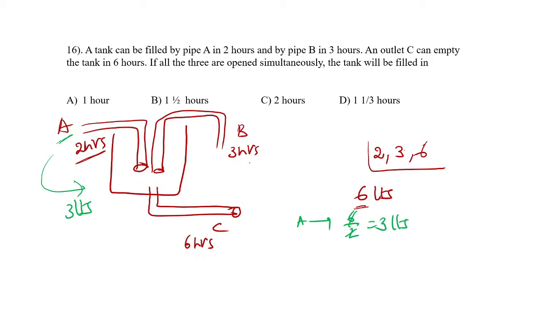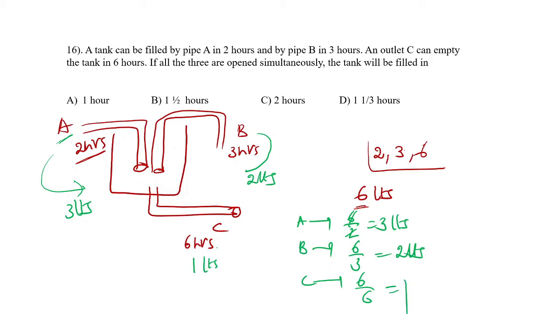And pipe B, 6 by 3, that equals 2 liters. Pipe B can pass 2 liters of water per hour. And now take pipe C, 6 by 6, that equals 1. Pipe C passes 1 liter of water from the tank to outside because this is an outlet. Now finally, if all the 3 are opened simultaneously, the tank will be filled in how many hours?